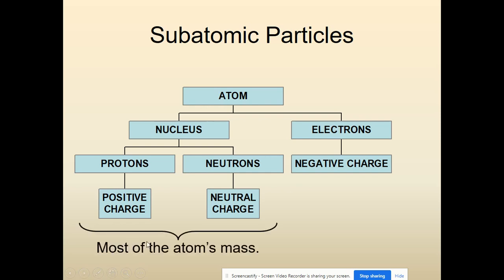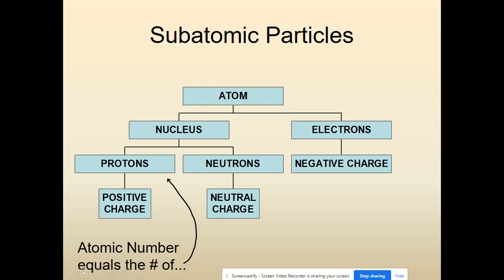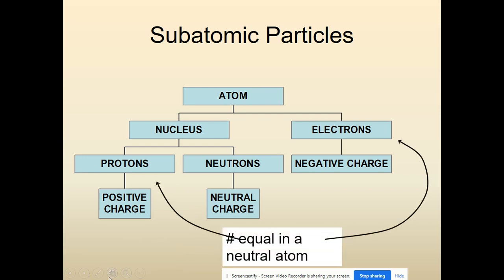Like I said, the protons and neutrons make up most of the atom's mass, and the atomic number, which we find on our periodic table, equals the number of protons. If we have a neutral atom, that means it has zero charge, the number of protons will equal the number of electrons.